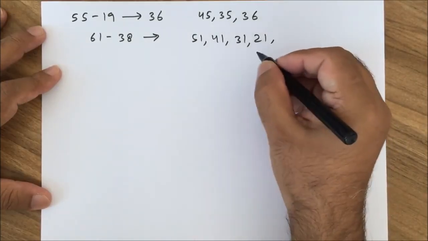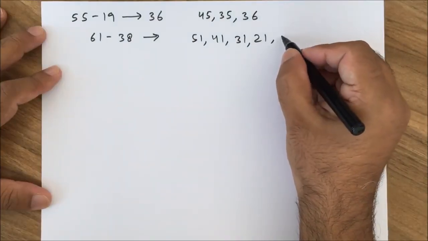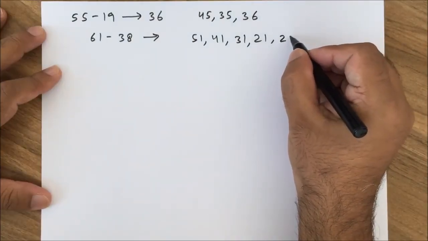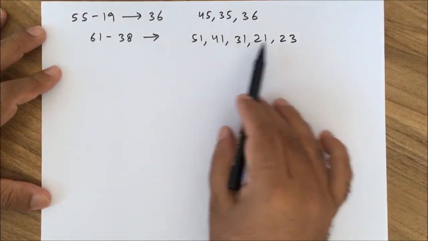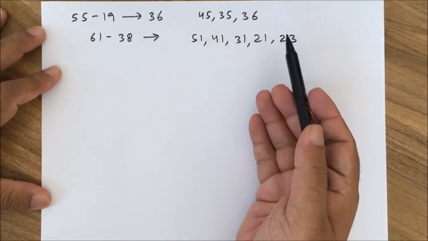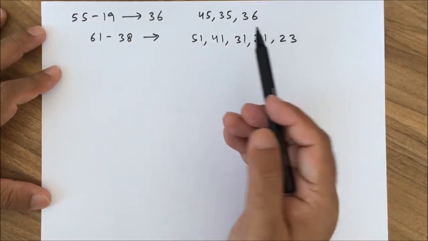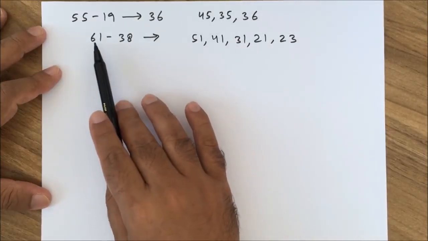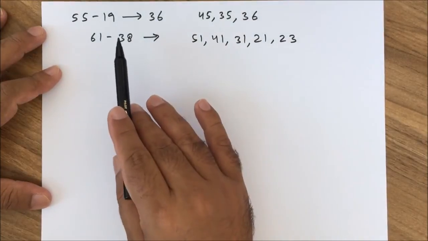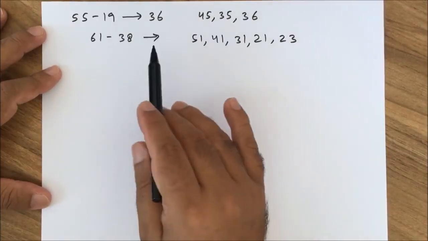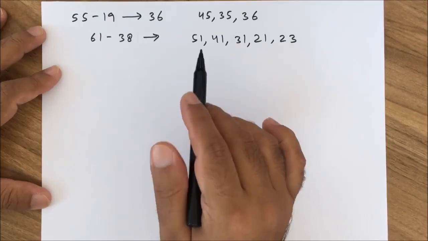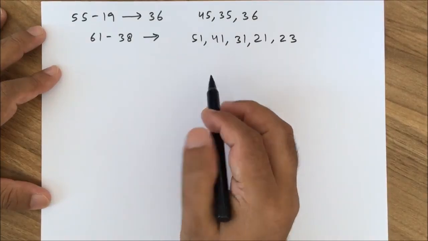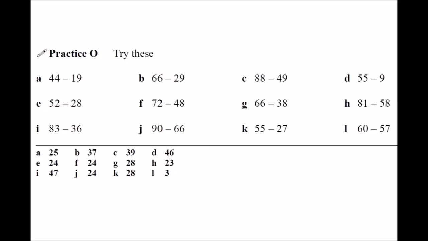Be careful here, you have to add 2, not subtract 2. So it will be 23. If you do it mentally, you don't have to write anything. You don't even have to write the answer, just tell them the answer. If it is 61, you jump down 4 times, so 51, 41, 31 and 21, and then you add 2 to make it 23. Okay, do this practice.